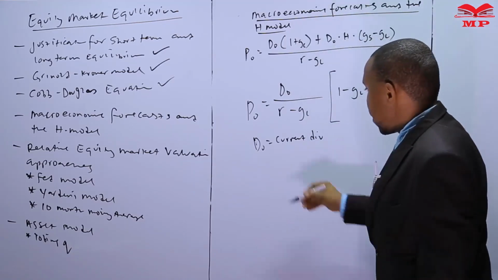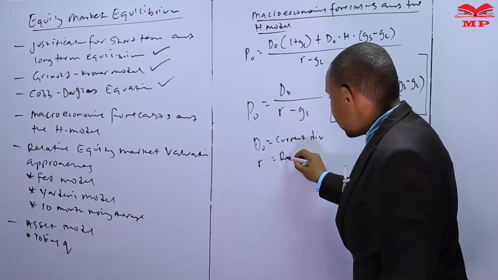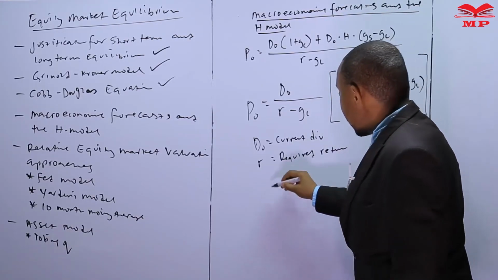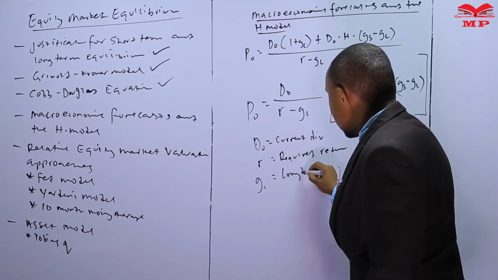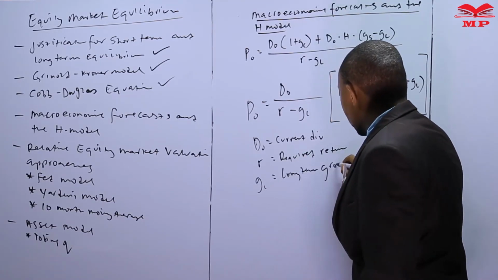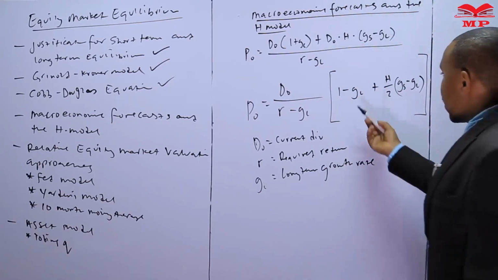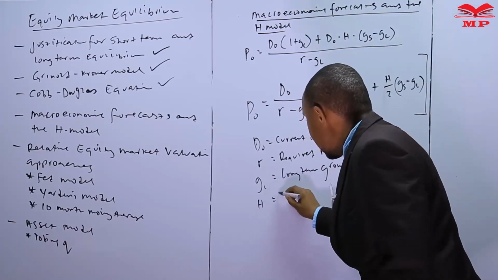So this D0 is the current dividends. R is the required return. GL is the long-term growth rate. Then what we haven't described here is H, the half-life in years.